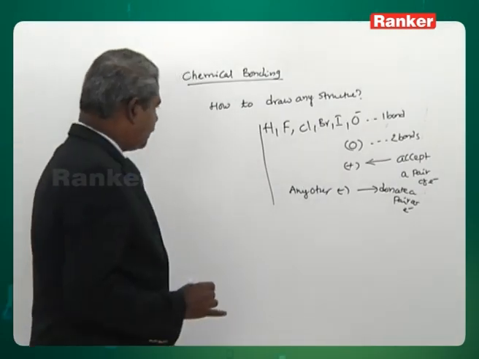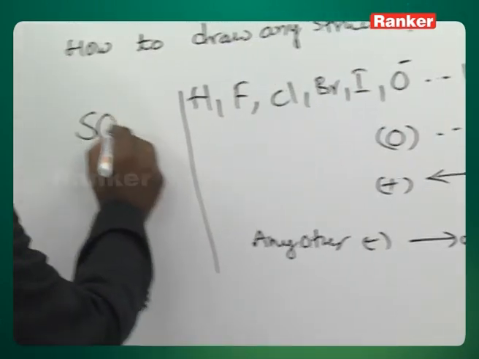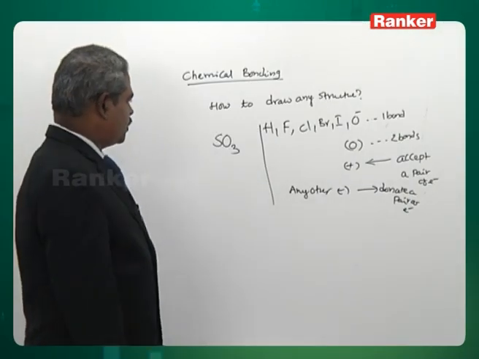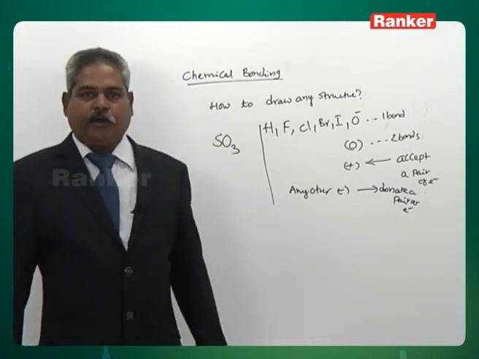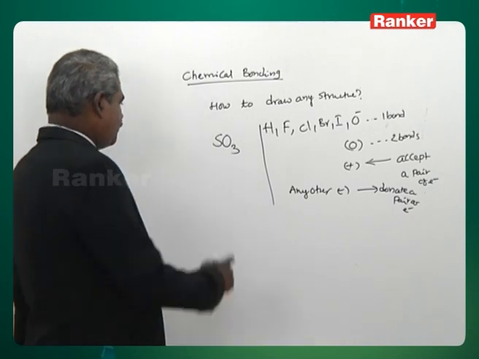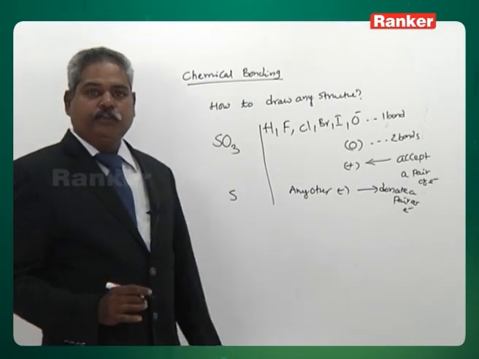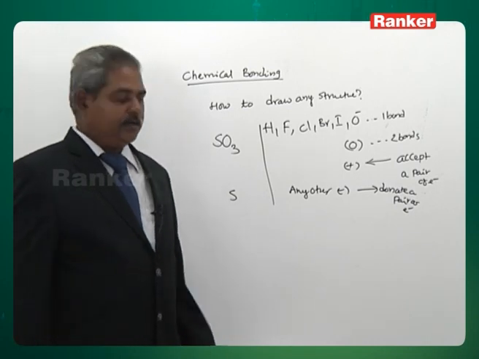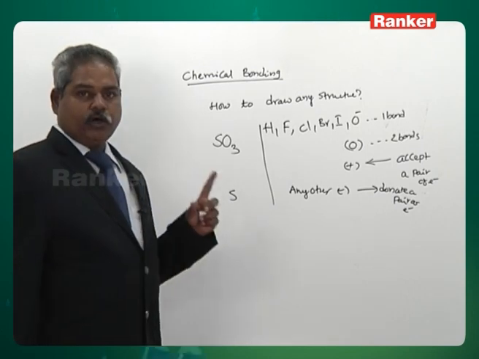Now, let us apply this in the simplest possible way. SO3: how to draw the structure of SO3, through which you know how many pi bonds are there. Sulfur is the central atom. How do we know which is the central atom? Whichever is single is the central atom, obviously. There is only one sulfur, that is the center, like a host.